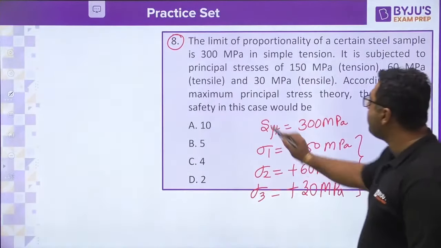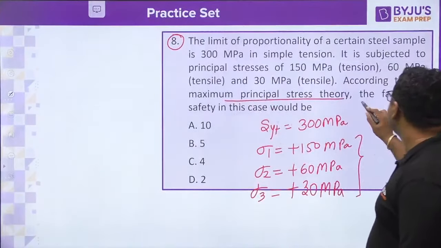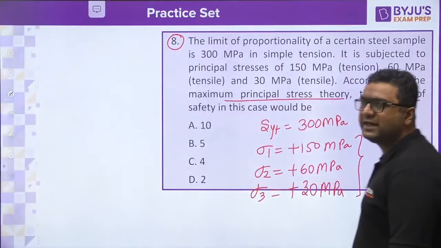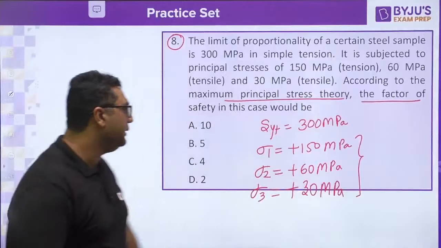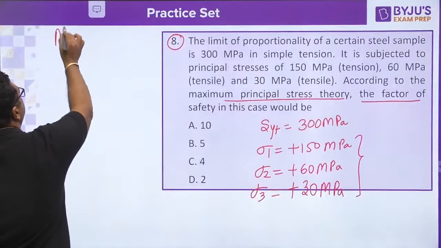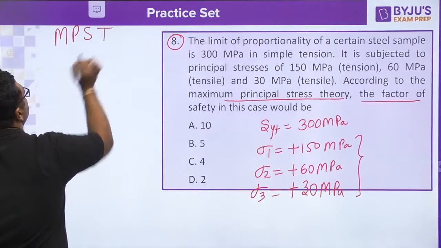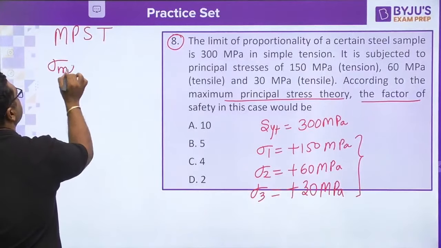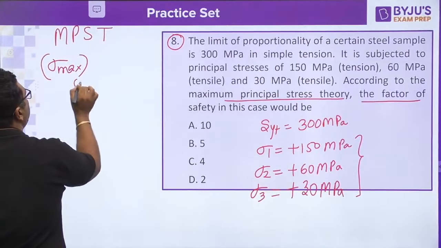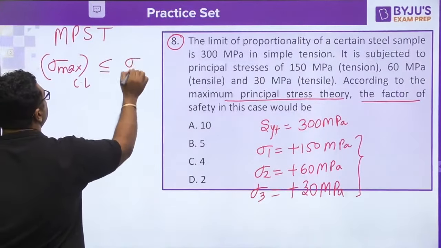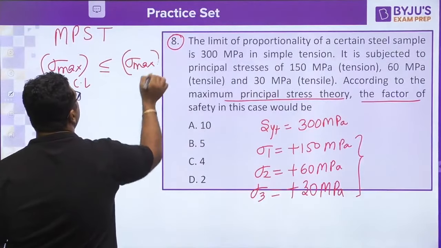According to the maximum principal stress theory, the factor of safety in this case would be, my dear, when you go for MPST, sigma max under combined loading is less than or equal to sigma max under tension test.